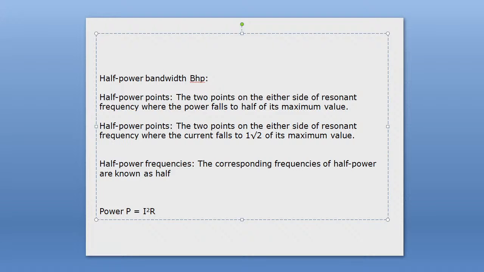Okay, any doubt? Half power frequencies.